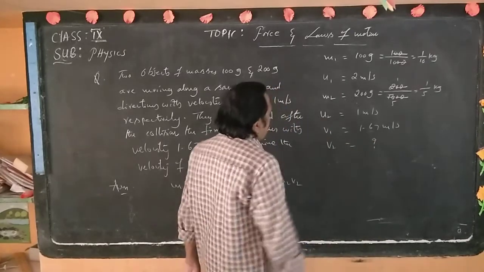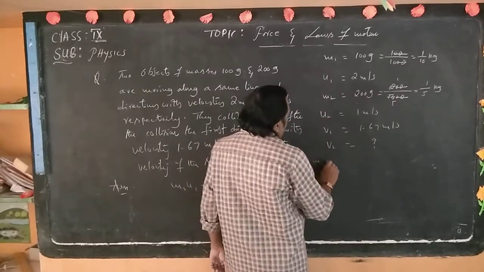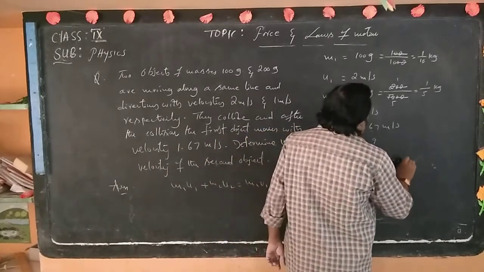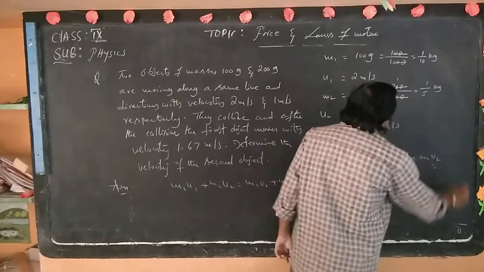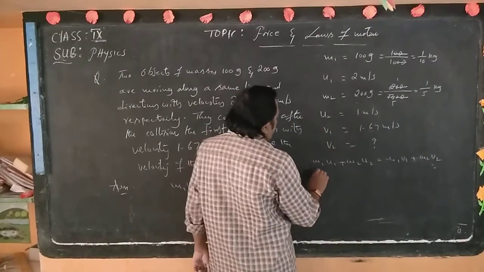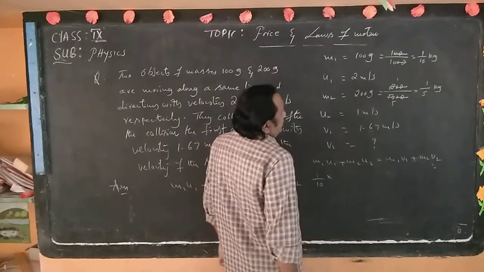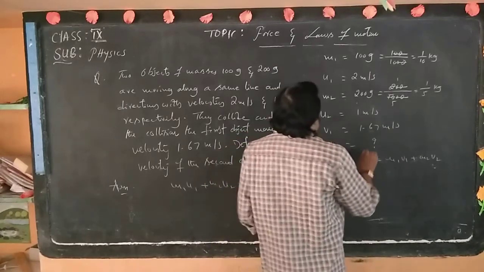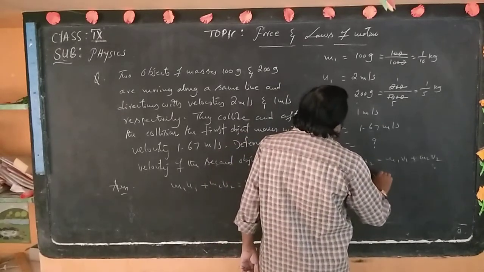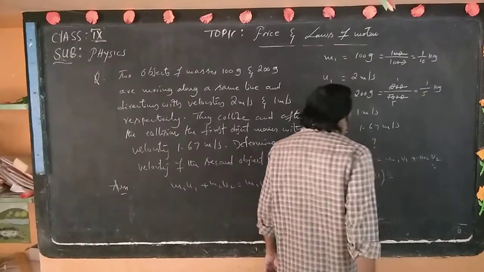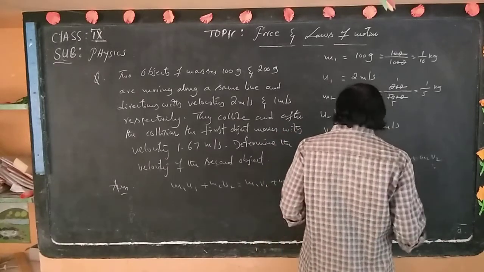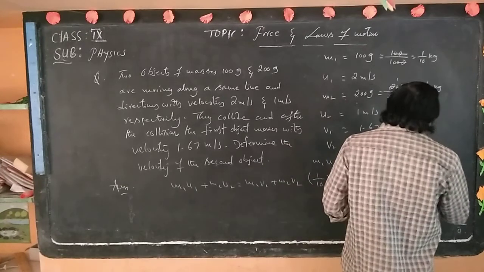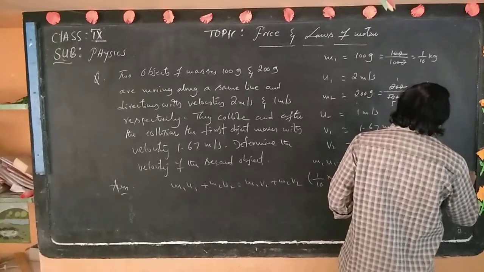That's the question. So once again we write the formula m1 u1 plus m2 u2 is equal to m1 v1 plus m2 v2. Now m1 is 1 by 10, into u1 which is 2, plus m2 which is 1 by 5 into 1, is equal to 1 by 10 into 1.67 plus 1 by 5 into v2.